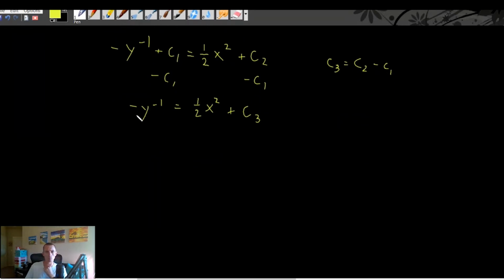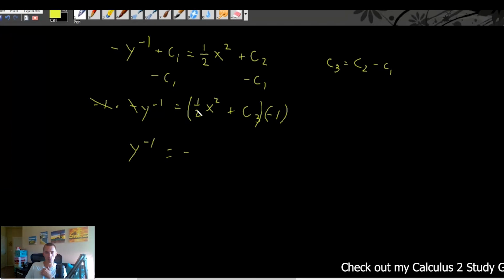Okay. So then what we can do is multiply both sides by -1 in order to cancel out this negative here. So we get y to the -1 equals negative 1/2 x squared.